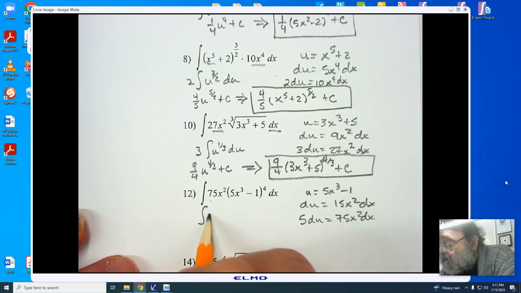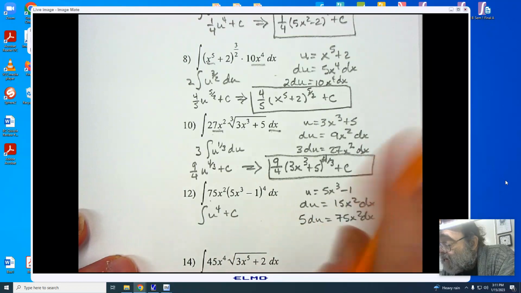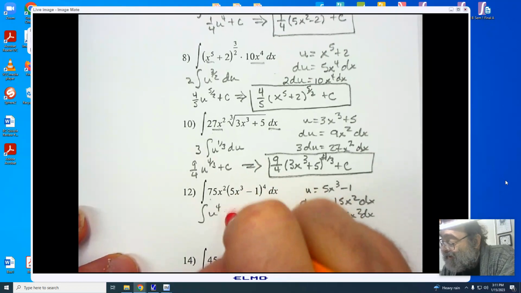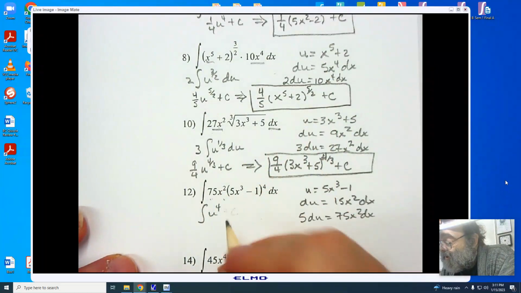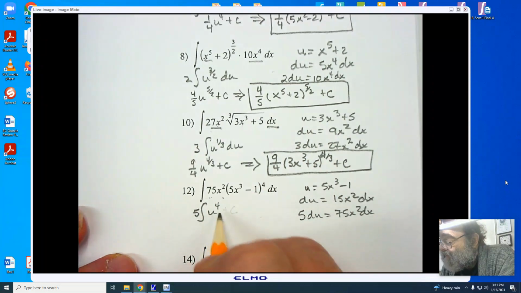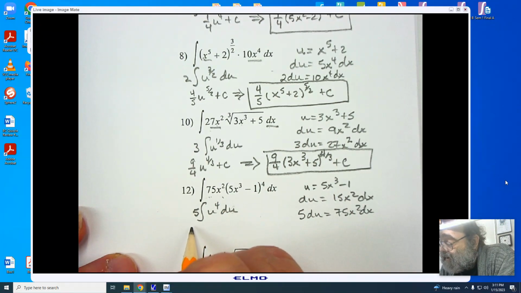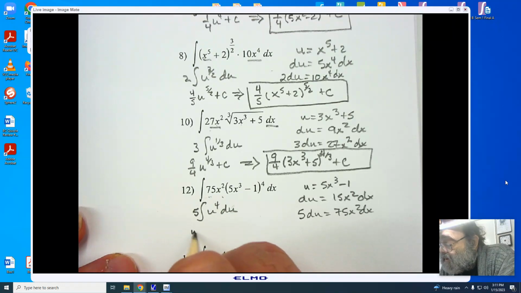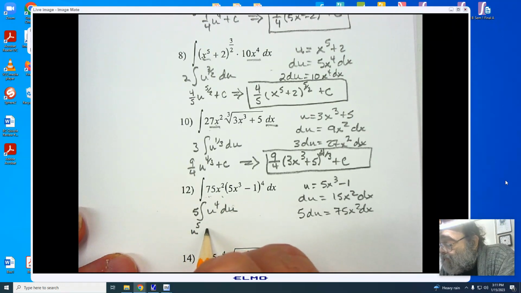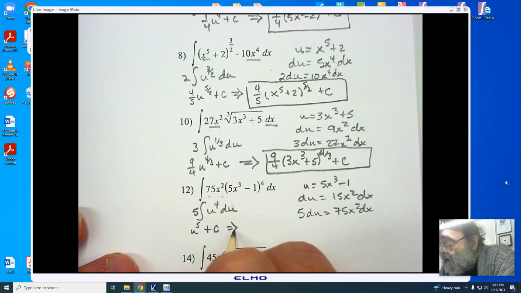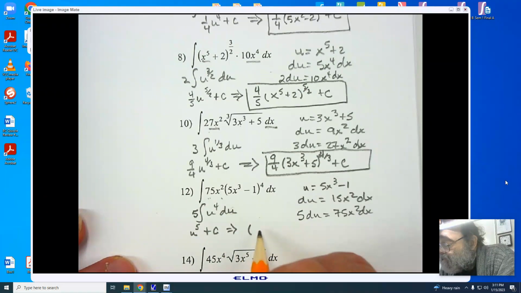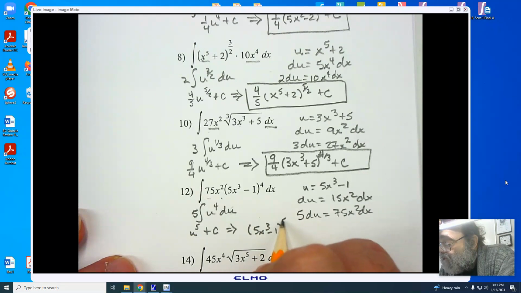We can now substitute u to the 4th power plus c, du. Don't forget to finish your process and put your 5 in front. Now we have 1/5 times the 5 gives me u to the 5th power plus c, and we back substitute. So 5x cubed minus 1 to the 5th plus c is my answer.